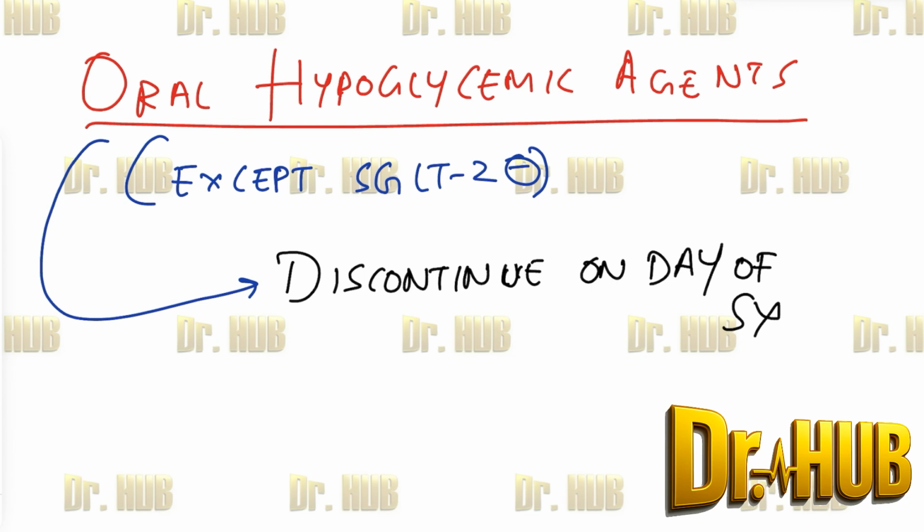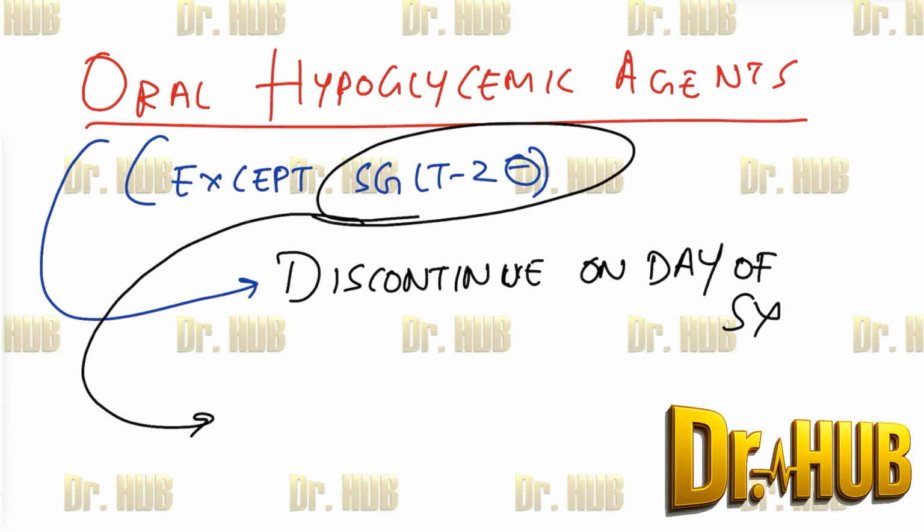Next, we move on to the SGLT2 inhibitors. You have to discontinue them 24 hours before the elective surgery.